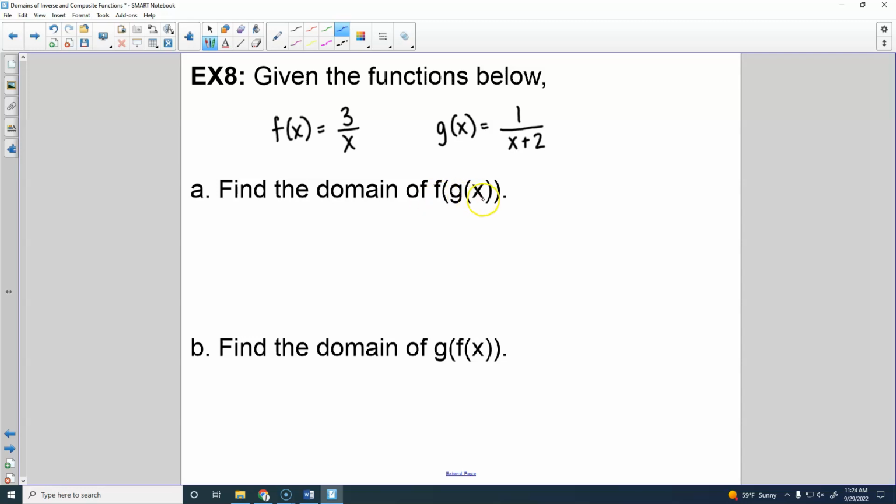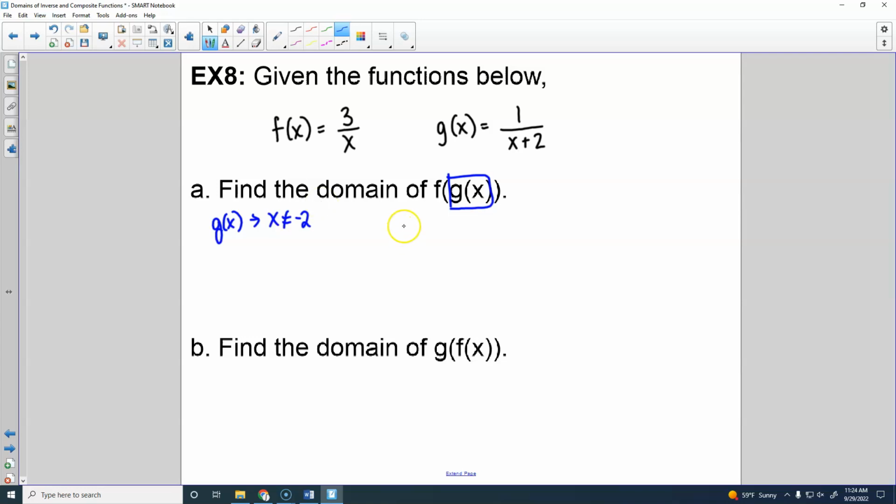Domain for f of g of x here. I'm going to look at g of x, the inside, first. What would my domain be for g of x? I'm just going to write x cannot equal negative 2 here, or negative infinity to negative 2 and negative 2 to infinity, but it's easy to write x cannot equal negative 2.